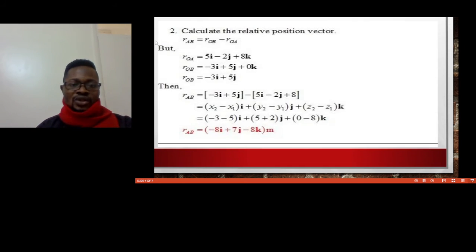The second solution, we are to calculate the relative position vector. The relative position vector of points A and B will be given by OB minus OA. If you draw it virtually, the first point we are given is 5, -2, and 8.